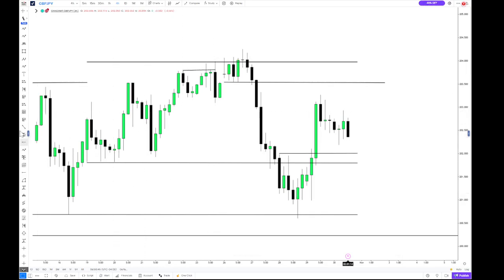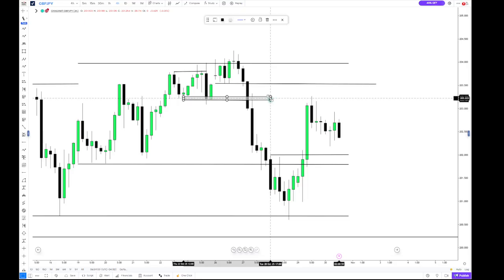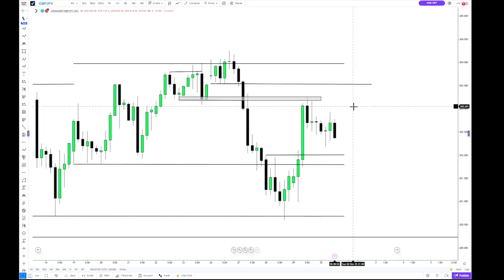Then we have a change of character at around this area, right? And on top of that, we have some sort of resistance level at around this area, right?